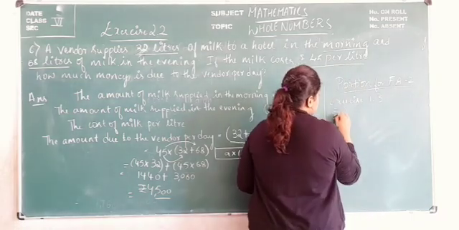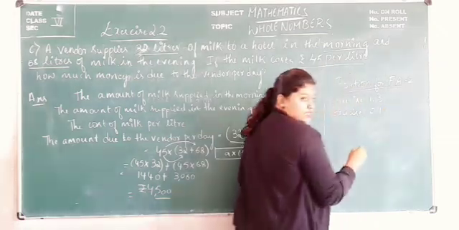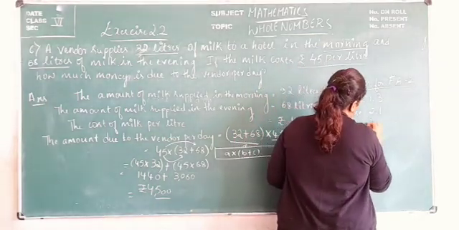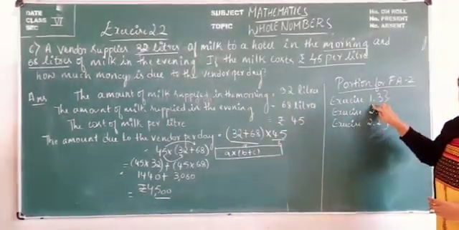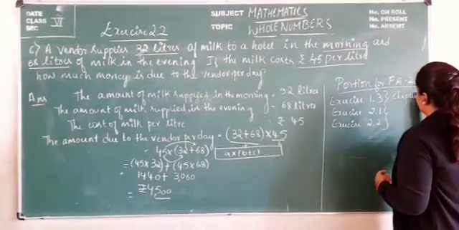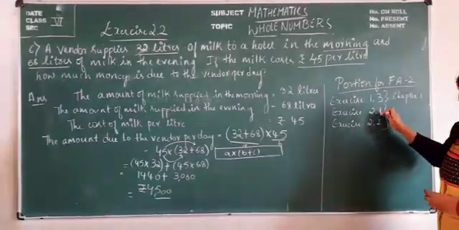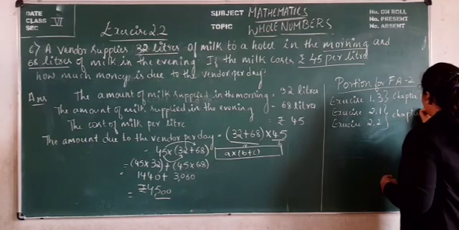Next, under chapter 2 you have exercise 2.1 and exercise 2.2. So from chapter 1 you are having exercise 1.3 and from chapter 2 you are having exercise 2.1 and 2.2. So this is your portion for FA2.